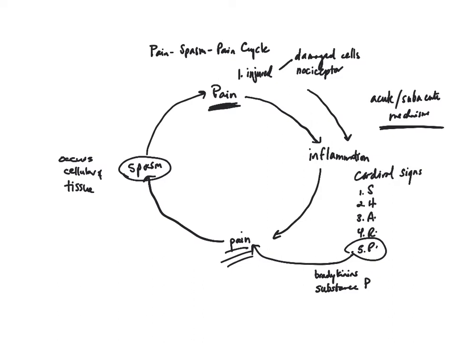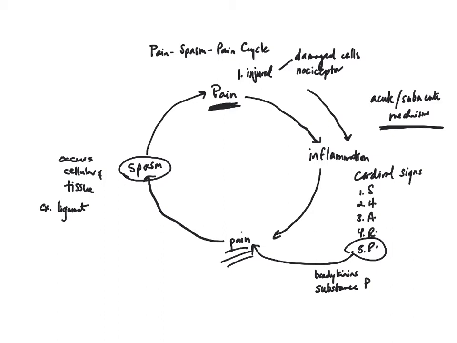So in this example of a ligament sprain, those cells that make up the ligament go into a contracted state, and the tissue itself, because of all the cells that are contracting, will go into this spasm. So it doesn't have to be a muscle. It can be the cells themselves of any type of tissue that do that.